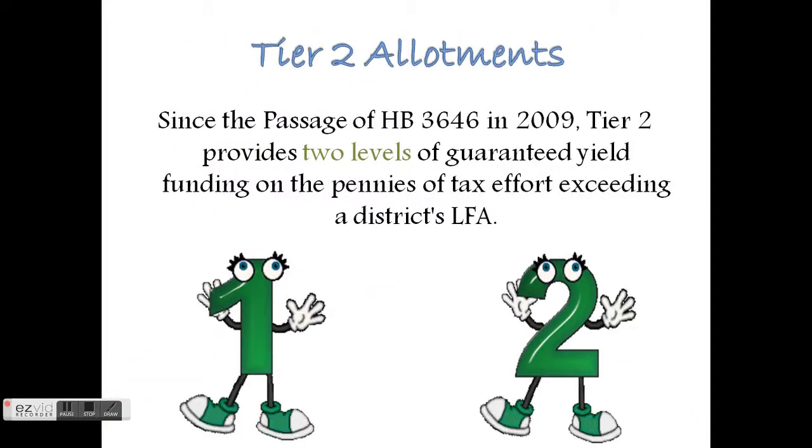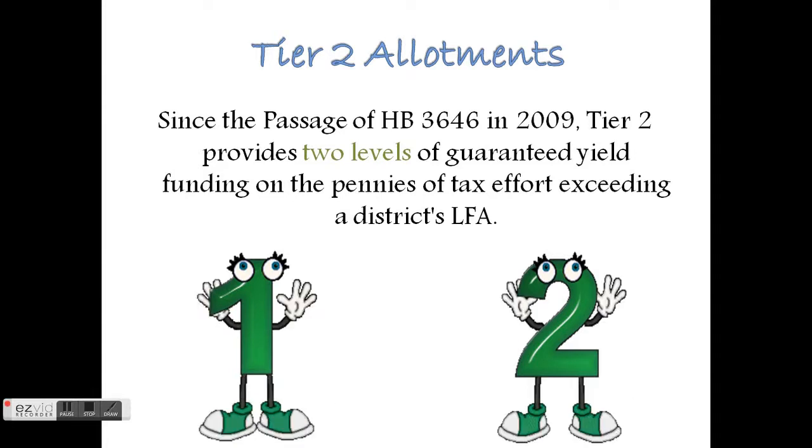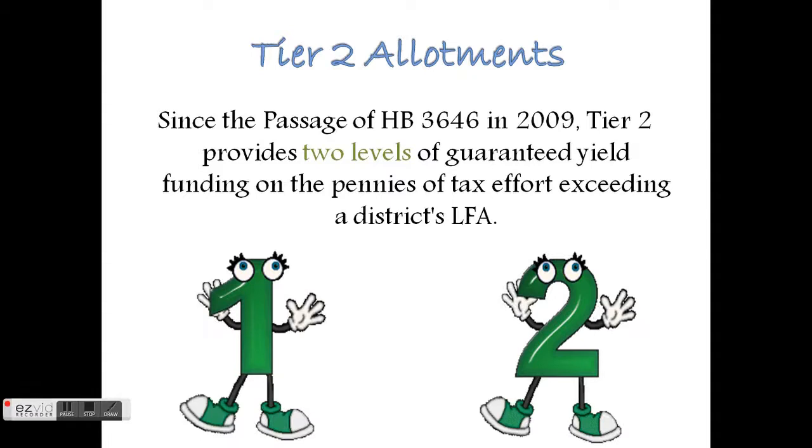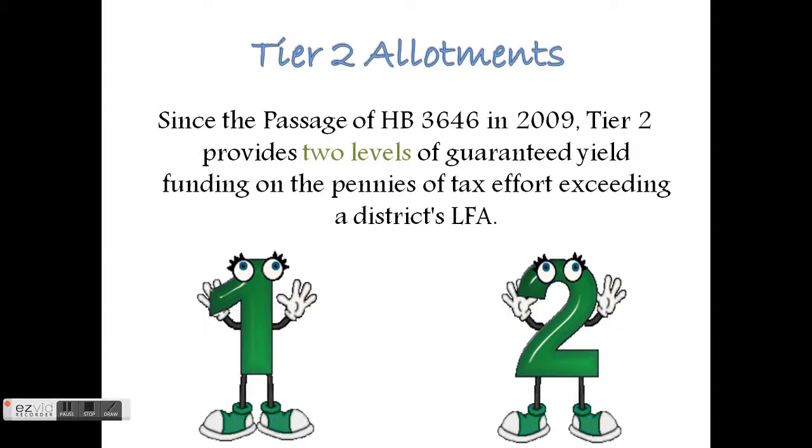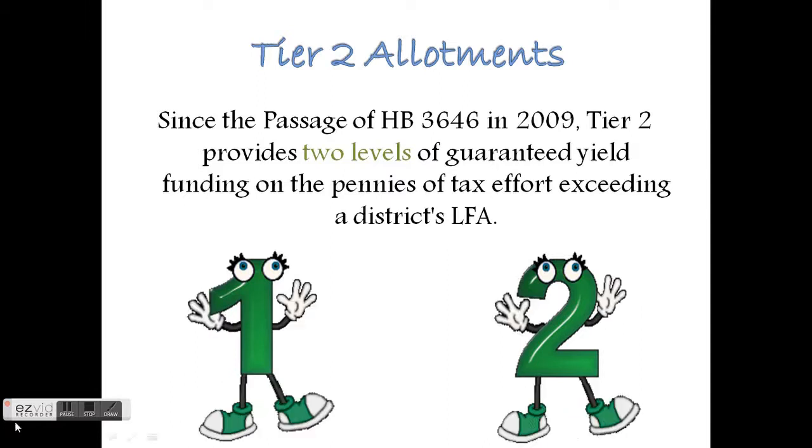Here are the Tier 2 allotments. Tier 2 provides 2 levels of guaranteed yield funding on the pennies of tax effort exceeding a district's local fund assignment.